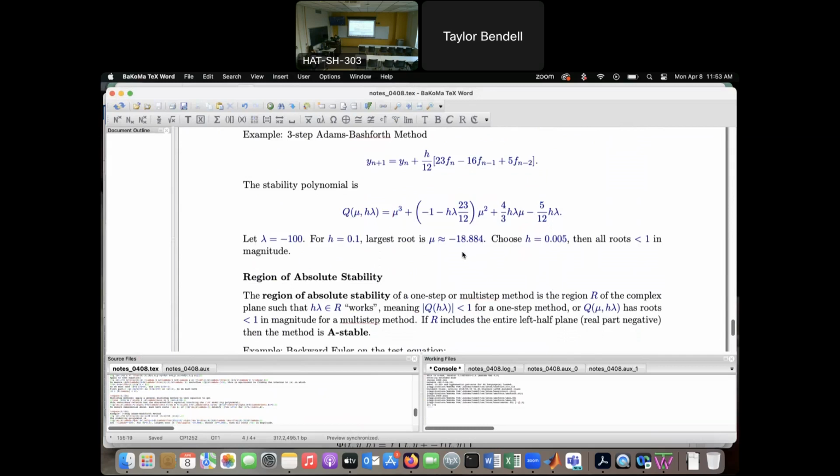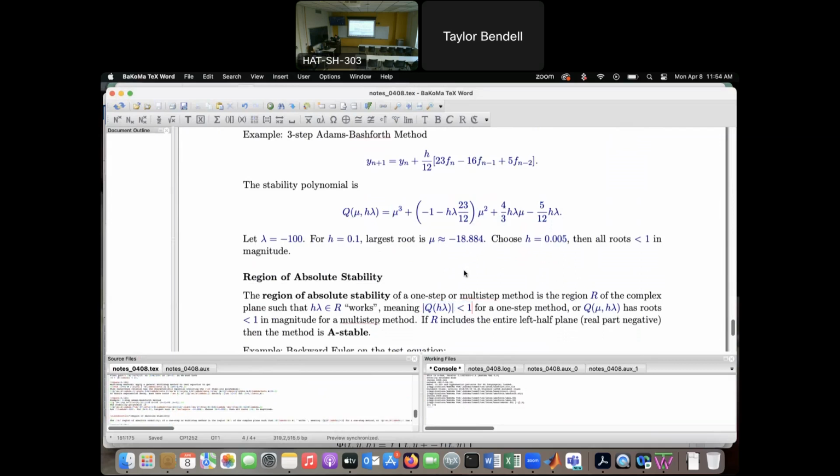So the region of absolute stability, and this applies to either one-step or multi-step methods, is a region within the complex plane such that h lambda is a suitable value in terms of ensuring qualitatively correct behavior of a solution. For a one-step method, it means that the absolute value of q of h lambda is less than 1.